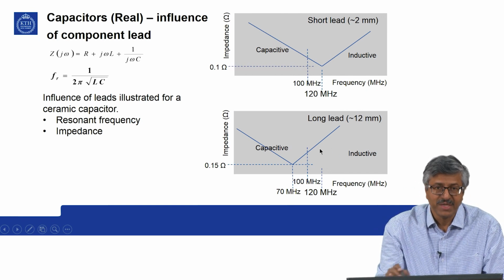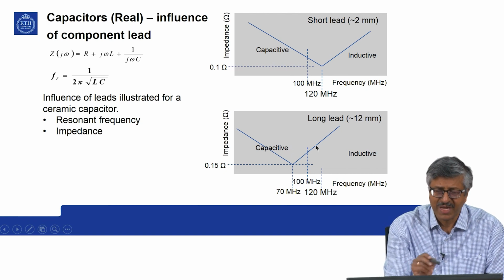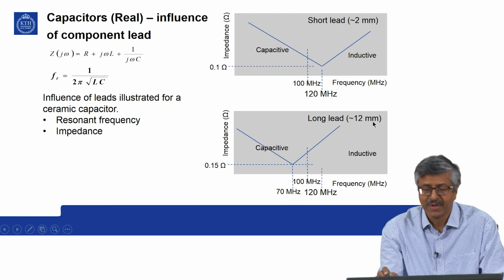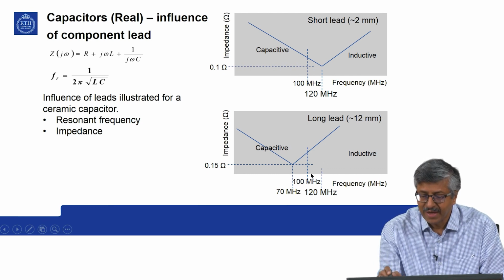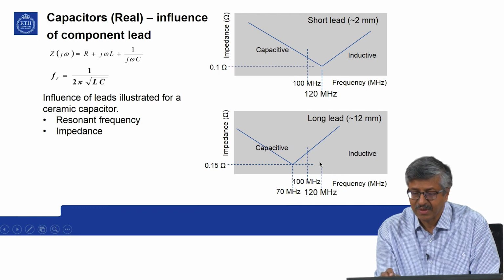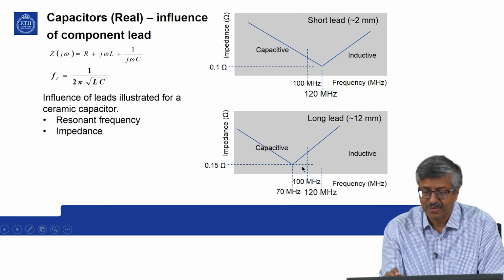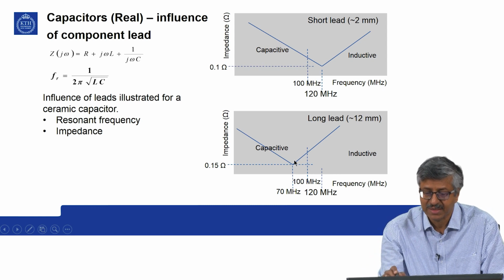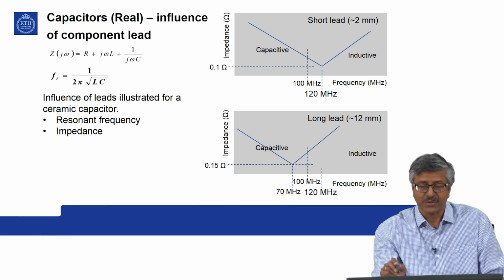Whereas, another person taking the same component for the same application may have a long lead, and then the resonant frequency of that will be lower, because parasitic inductance is now larger, and resistance is also larger.